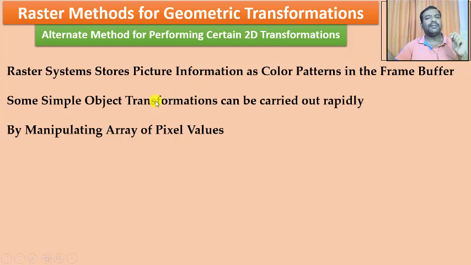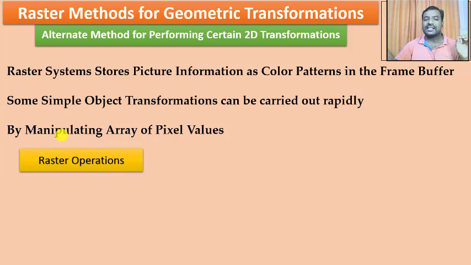We can bring in this simple 2D transformation by transferring or manipulating the array of pixel values, specifically which part of the frame buffer pixels I need to capture, copy, alter, translate, or transform. All this we can do with a few mathematical operations on the pixel information of a frame buffer. That is what we are going to talk about, these raster operations.